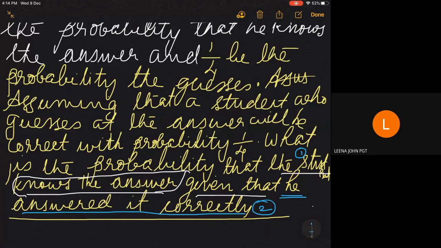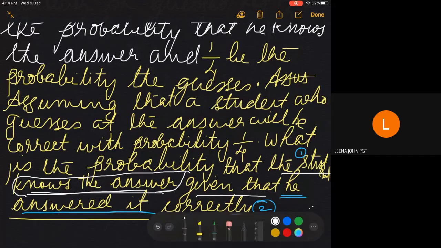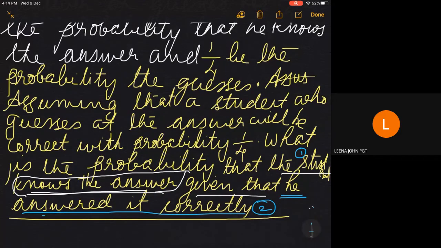So while you compare these two events, which event happened first? Compare the two events. One is that the student knows the answer. That is the one event. Another event is that he answered it correctly. If you compare these two events, which happens first?